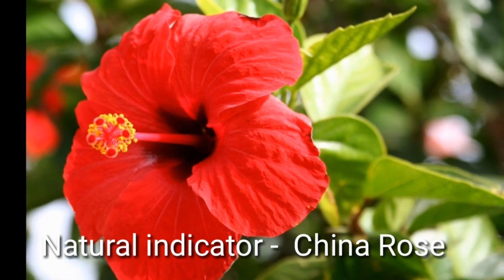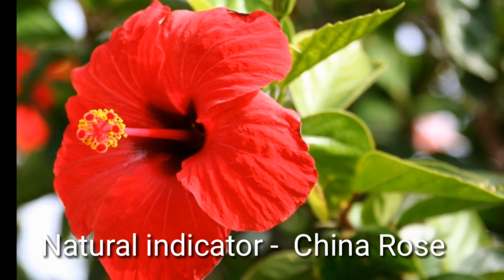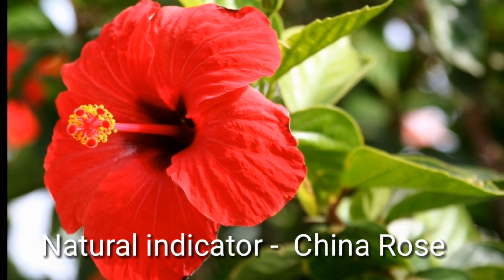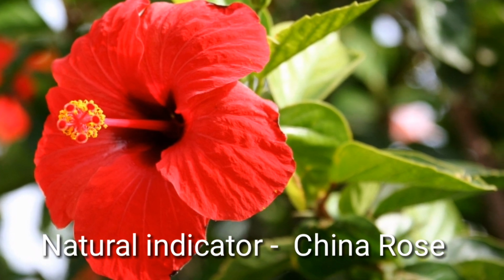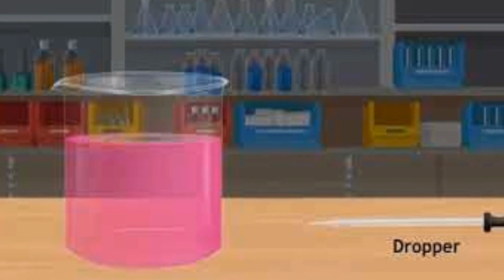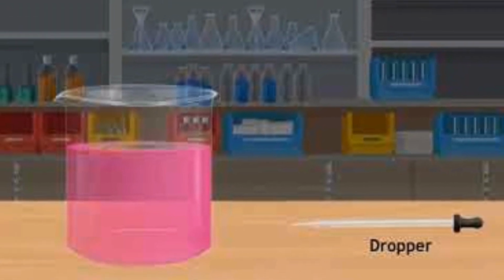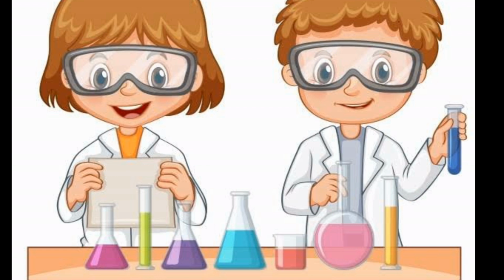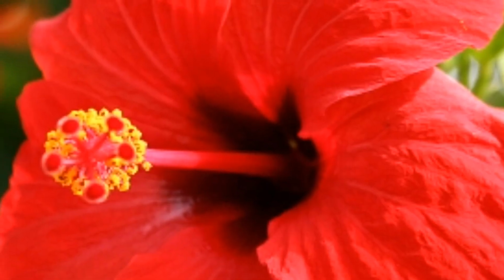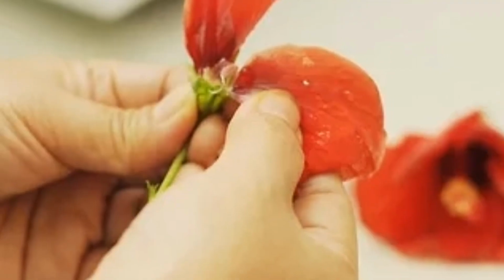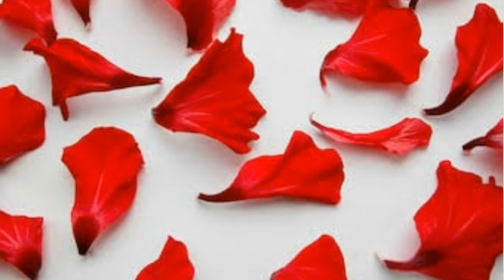Let us come to the second natural indicator, that is China rose. Now how is China rose used as an indicator? China rose in neutral condition is light pink in color. Before we go to that, we have to see how it is made. First, we have to get a red China rose, and the petals of the China rose are extracted and put in warm water.